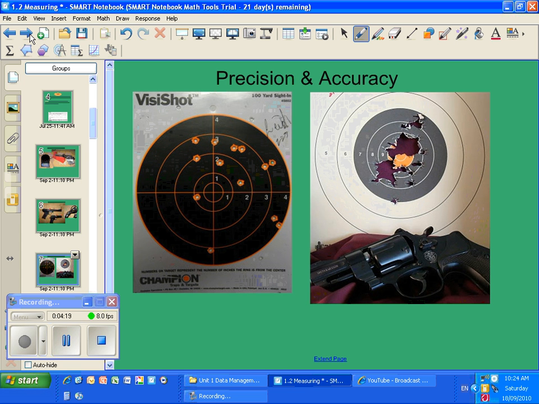It was a good shooter that was using it, but it was also an excellent weapon, because everything was grouped together very, very close, and so it was both highly accurate and highly precise. Whereas the first one was fairly accurate, but not very precise, with bullets scattered everywhere.